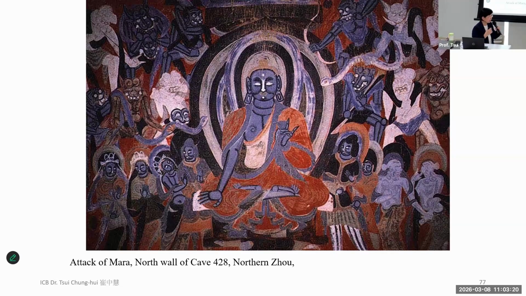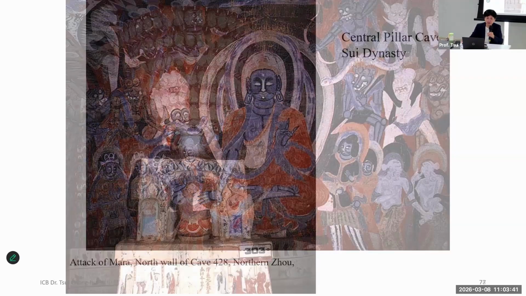But he successfully conquered all the enemies, in his mind and also from outside. So this is a depiction of his attaining enlightenment, and he performed the unique hand gesture. The final moment, he attained enlightenment.